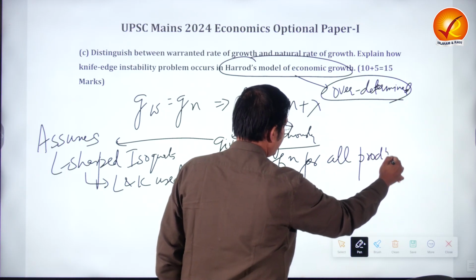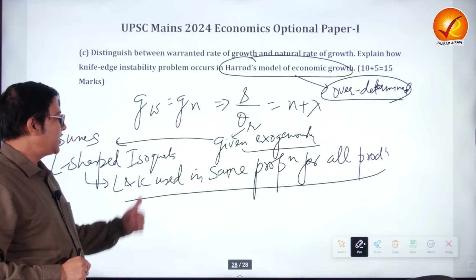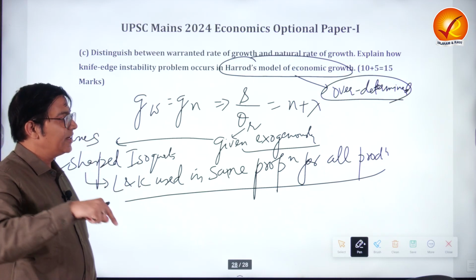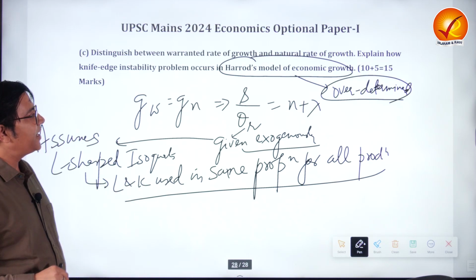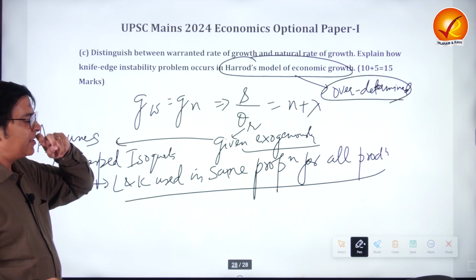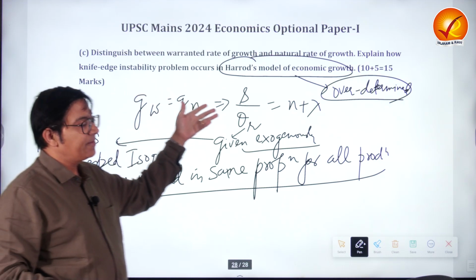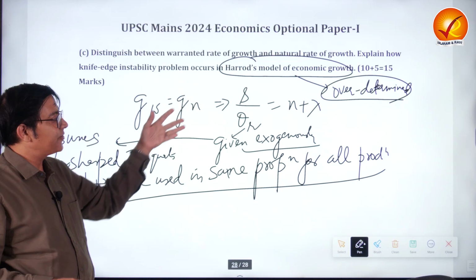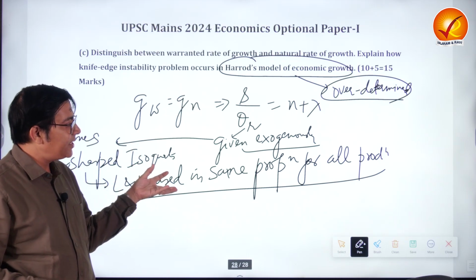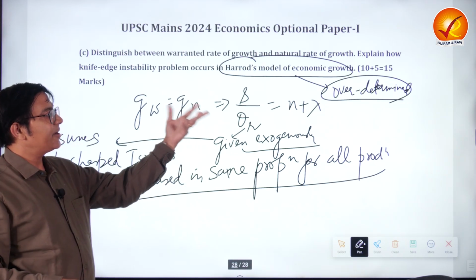Something that is not realistic. Actually, in most of the production, we don't have L-shaped isoquants, we have a fine downward sloping convex shape. So this L-shaped isoquant fundamentally creates this problem. The neoclassical economists like Solow criticized Harrod's model mainly for this aspect, that had theta been taken as being determined endogenously, then the problem would be solved.